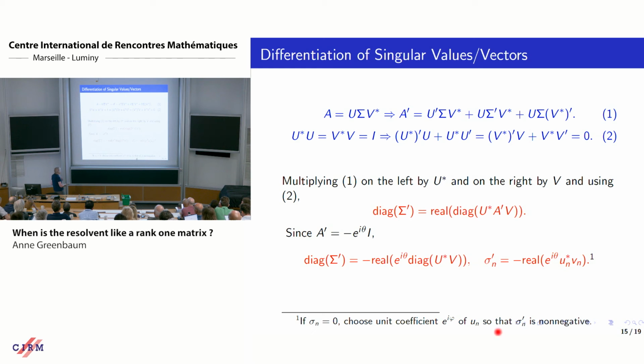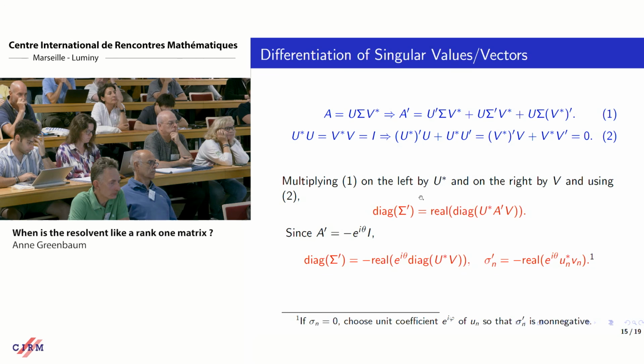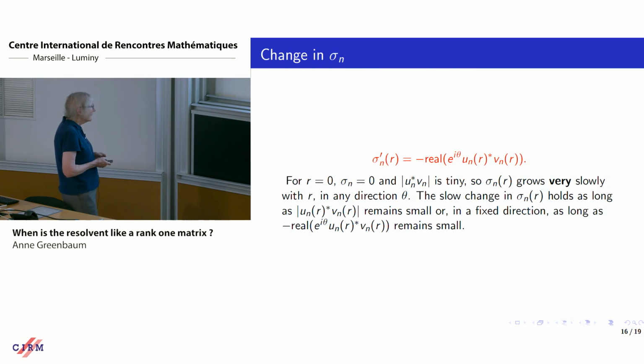But if sigma n is 0, I can multiply un by an arbitrary unit scalar, and I'll choose that unit scalar so that sigma n prime comes out positive or non-negative. As I mentioned, the slow change in sigma n holds as long as un and vn are almost orthogonal to each other, and sigma n is still small.